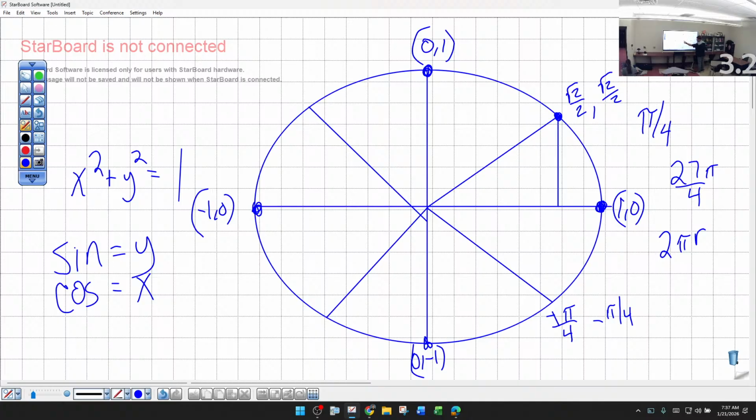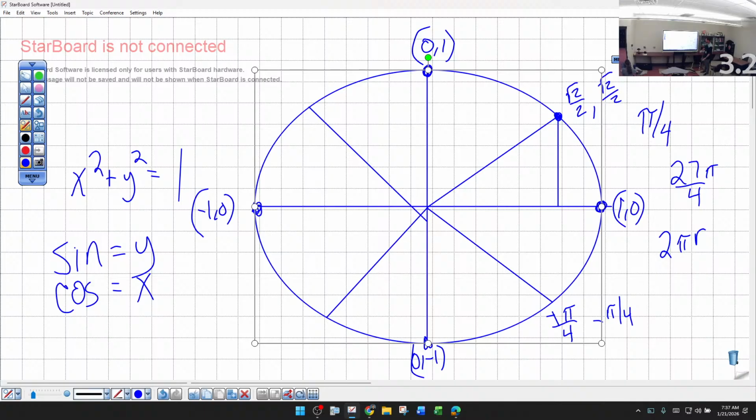And if it's down here, that's the square root of 2 over 2 and the square root of 2 over 2. However, x is positive and y is negative. In quadrant 2, x is negative, y is positive. And in quadrant 3, x is negative and y is negative. So whatever angle I give you, you guys, you just got to know it.